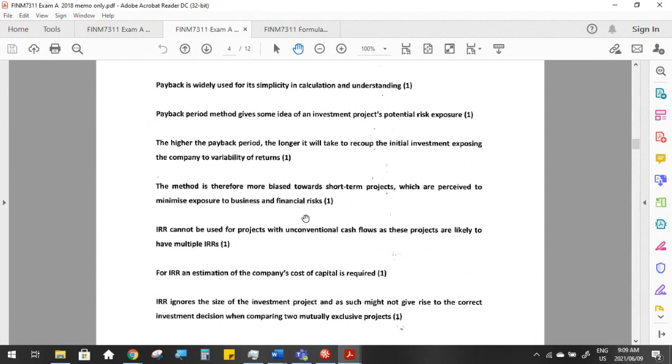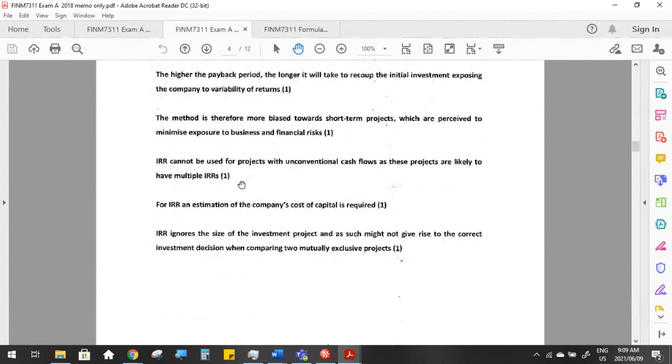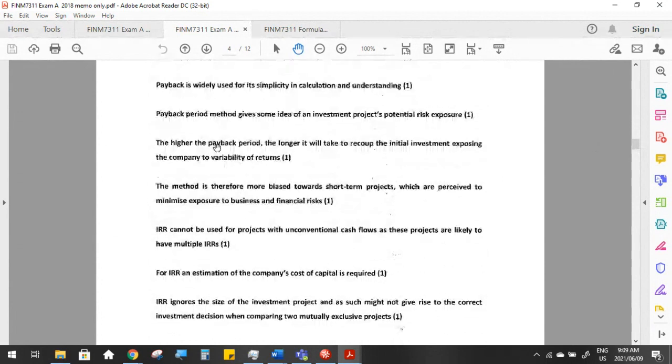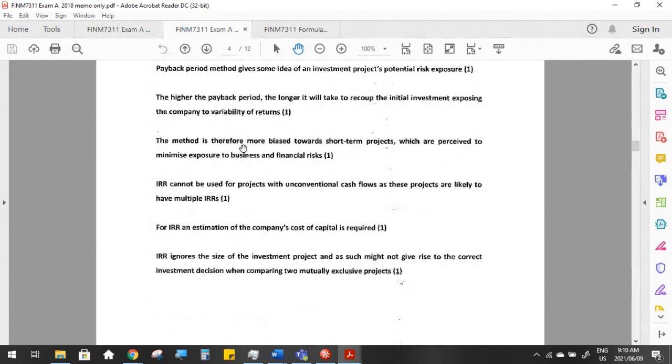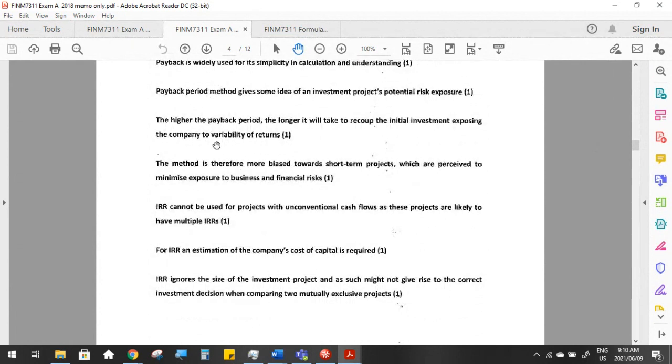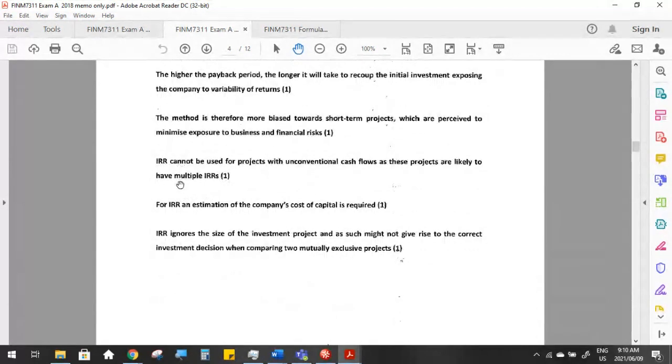You can't just keep regurgitating the same fact using different grammar, okay? So you had to give some comments on payback. So those 4 comments all refer to payback and why we might prefer payback. In other words, the advantages of payback period. And then over here, you must list disadvantages of the IRR.